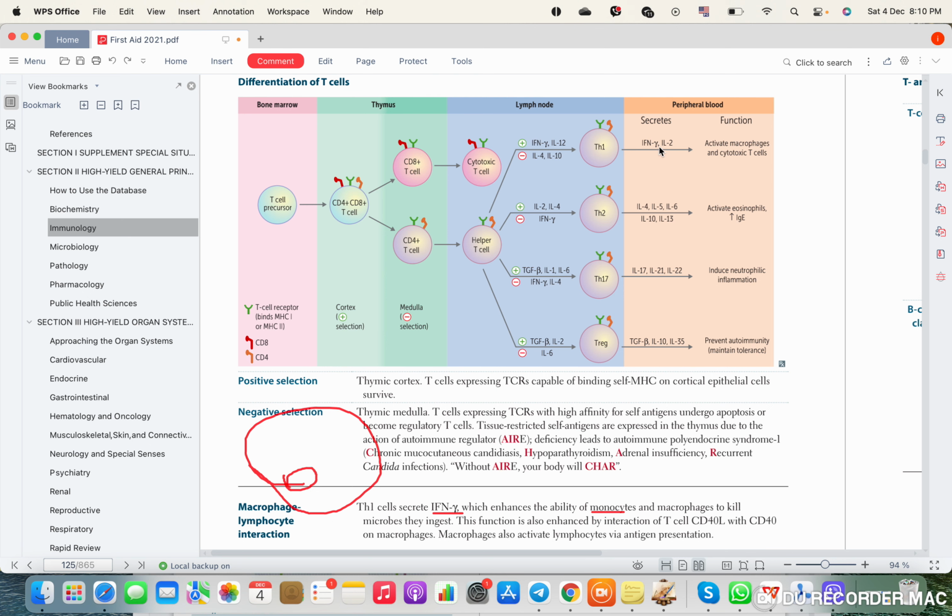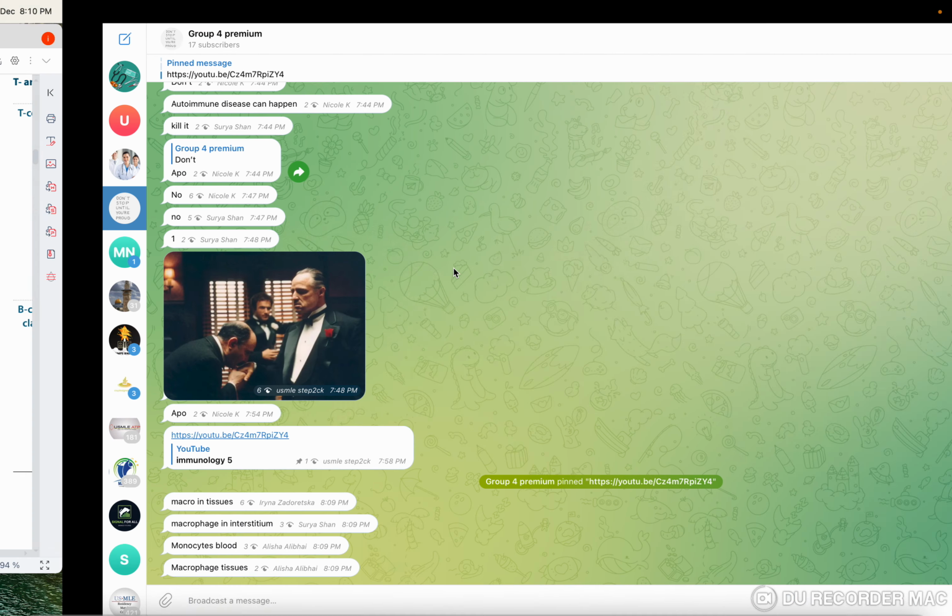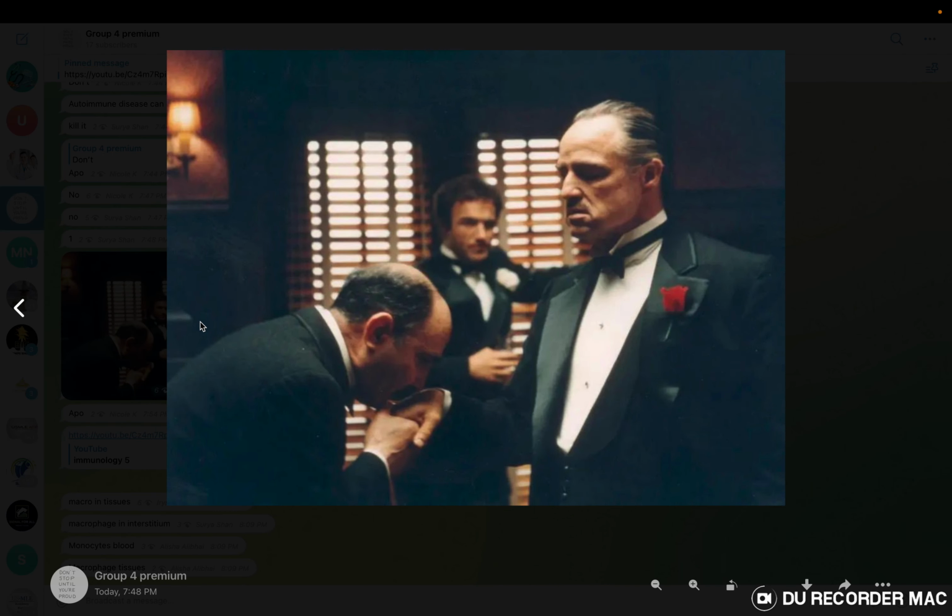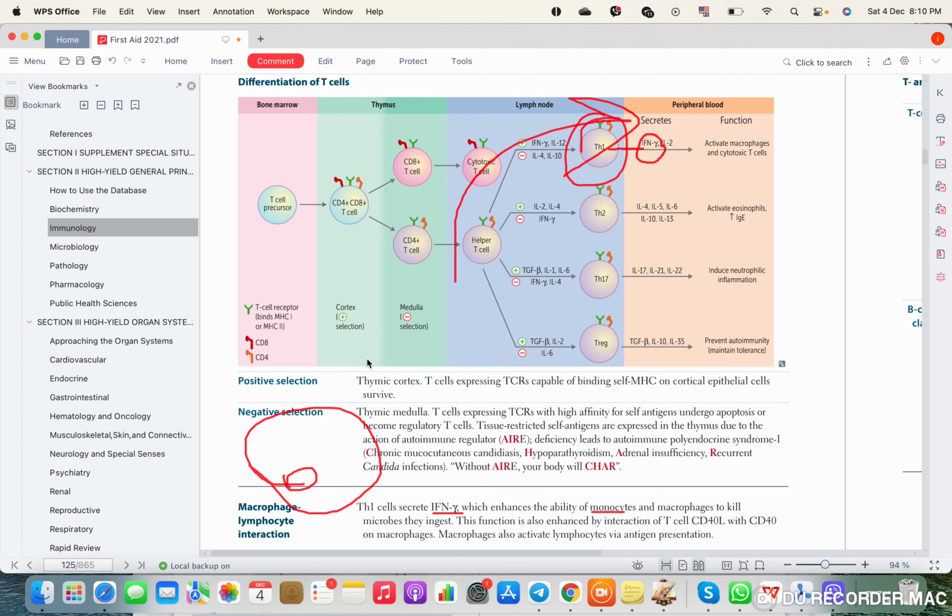For that to happen, you have to have interferon gamma, which comes from the T helper 1 cells, which are activated from whom? From this guy, the T helper 4. Okay?